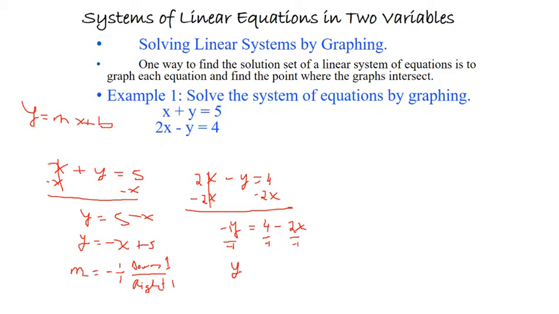So I have y is equal to negative 4 plus 2x. I'm going to swap this around, so I have y is equal to 2x minus 4. So the slope will be 2 over 1, and the y-intercept is going to be negative 4.